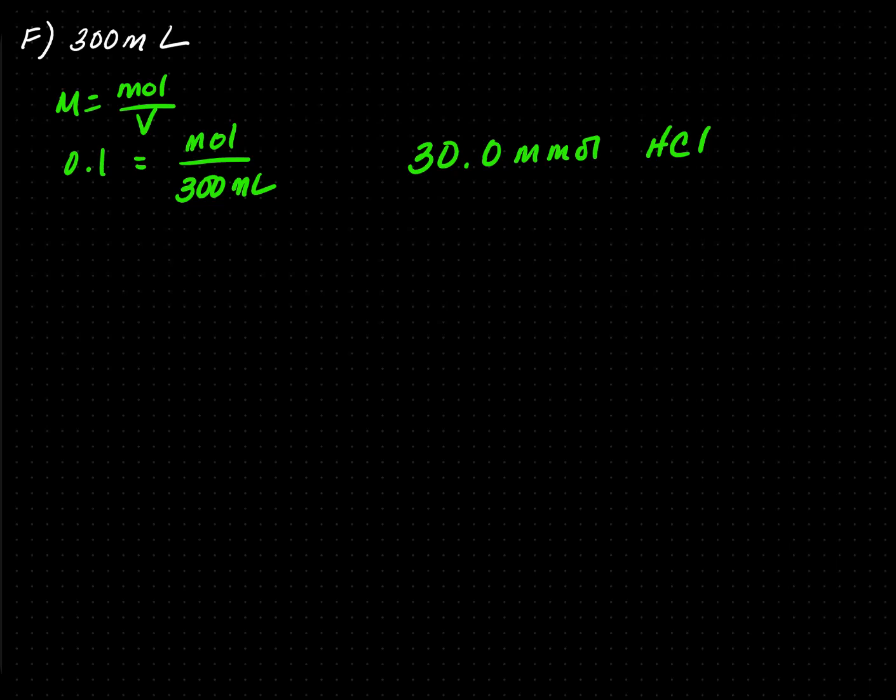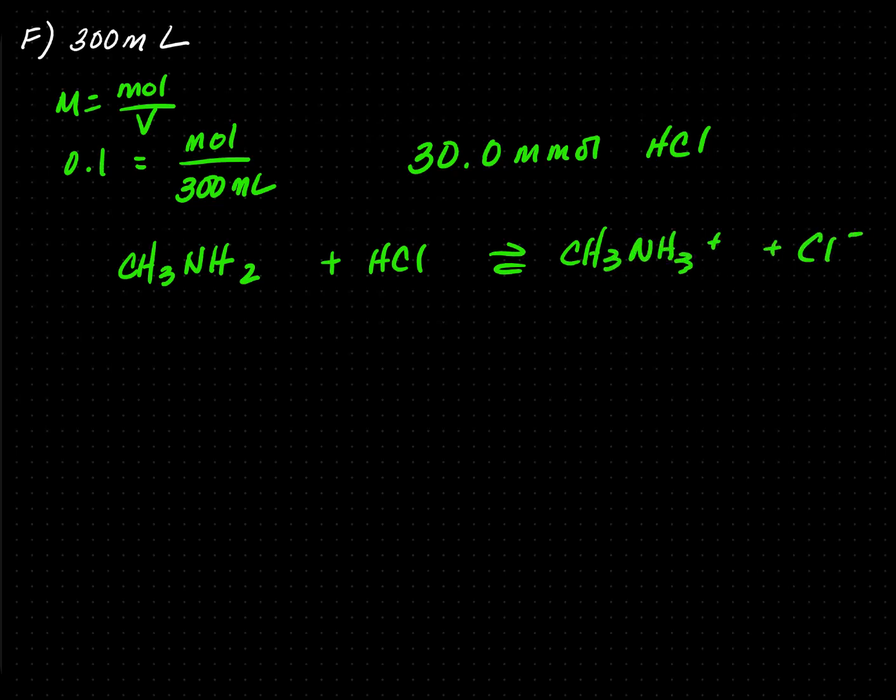So again, we need to write an acid-base reaction to figure out how much is neutralized. I'm going to start with my weak base plus my acid, Bronsted-Lowry acid base, my conjugate acid plus Cl minus, which will cancel out because this dissociates into H plus and Cl minus.